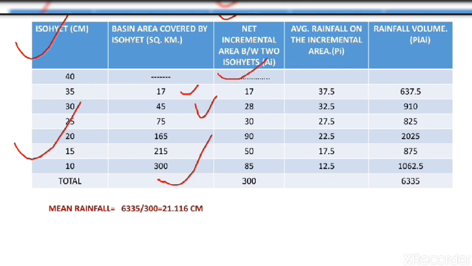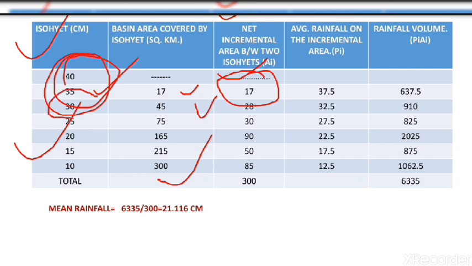For 40, corresponding no area. That means 40 is the starting isohyet. After 40 there is 35. So the net incremental area between the isohyets 40 and 35 is 17. Next, the incremental area will be 28 between 35 and 30.